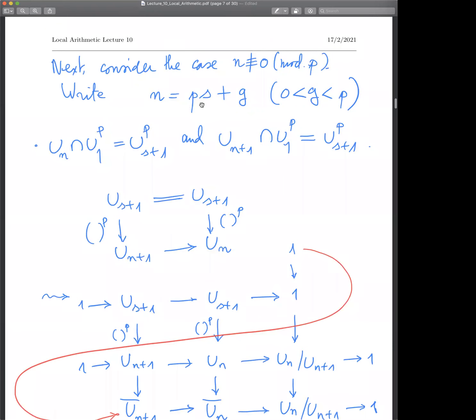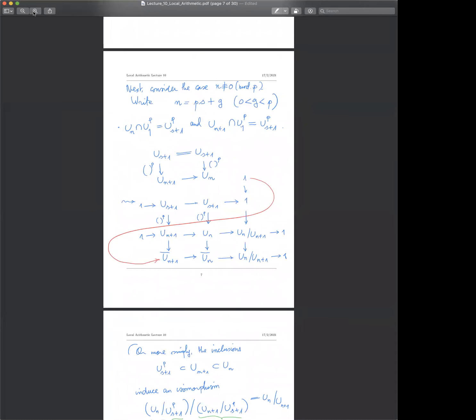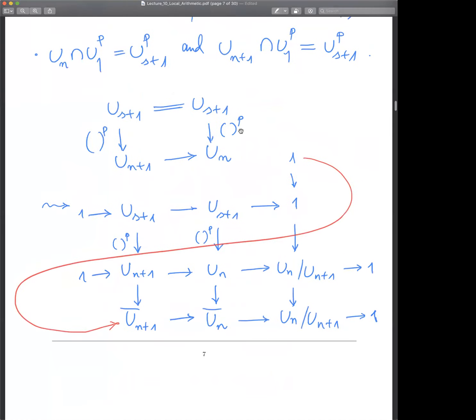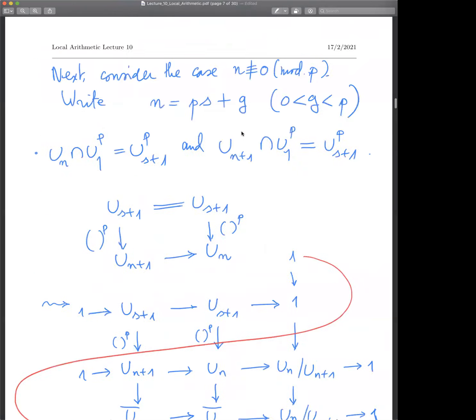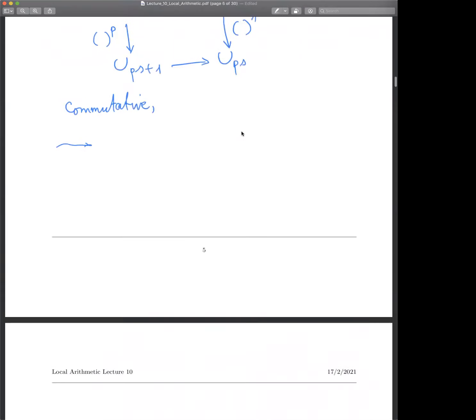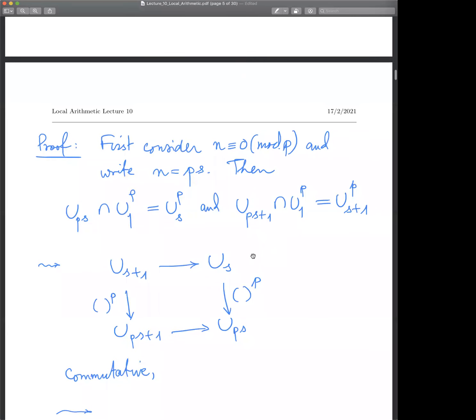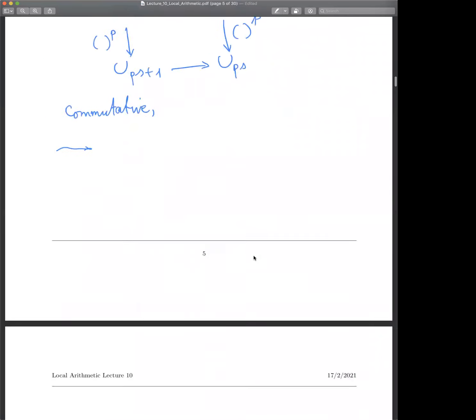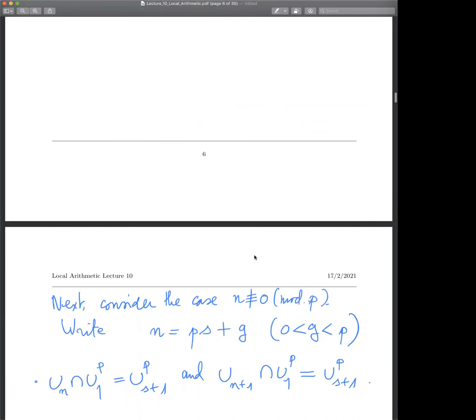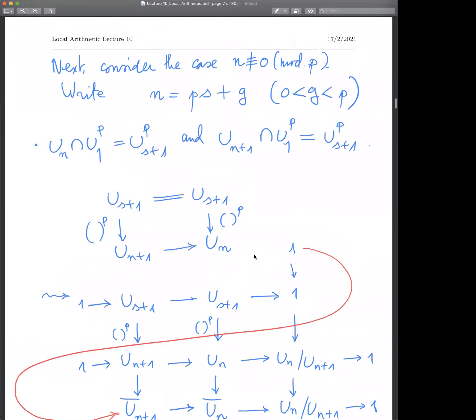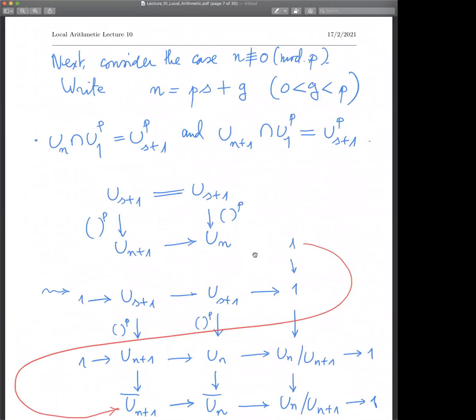If it is prime to p, let's write n as ps plus g, where this g is strictly between 0 and p.